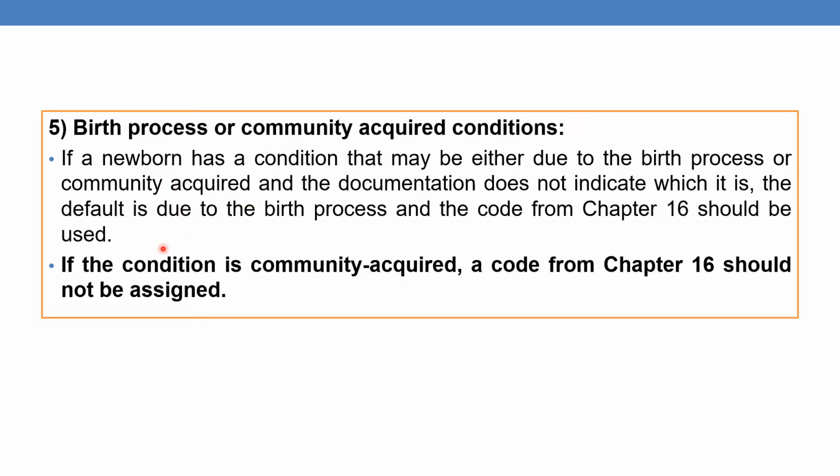In simple terms, if the condition is community acquired, a code from chapter 16 should not be assigned. And if the physician clearly documents it is community acquired, a code from chapter 16 should not be assigned in that case.